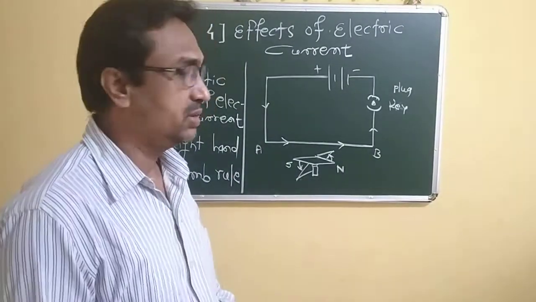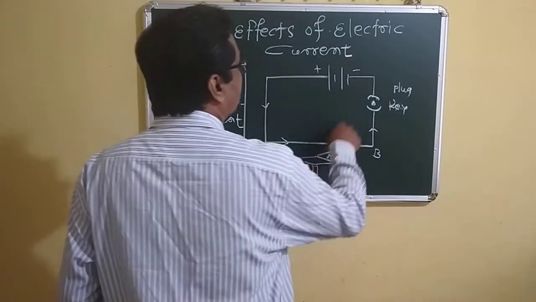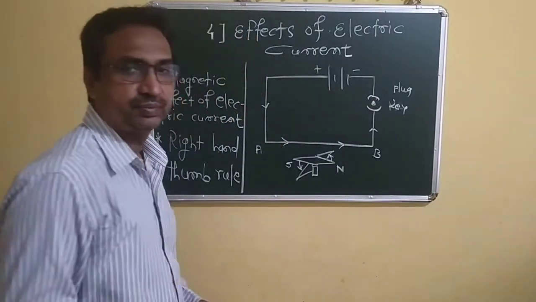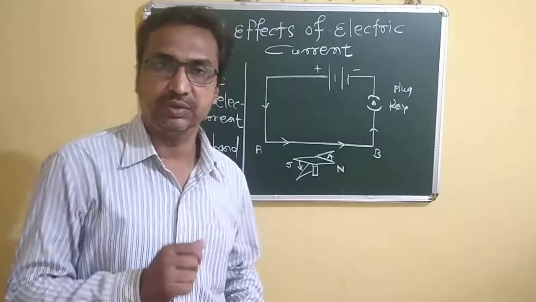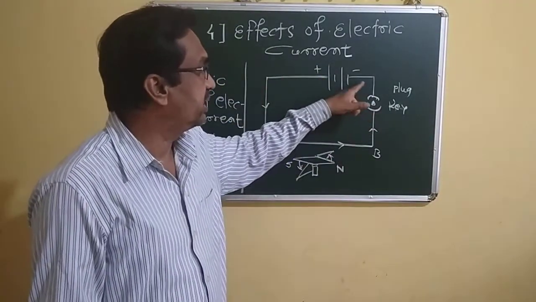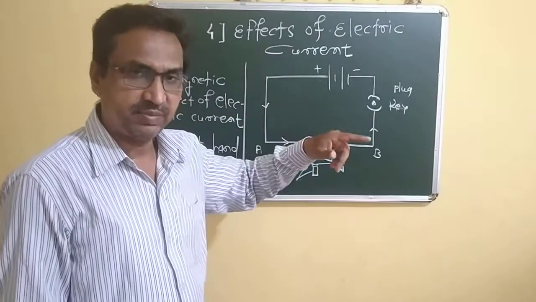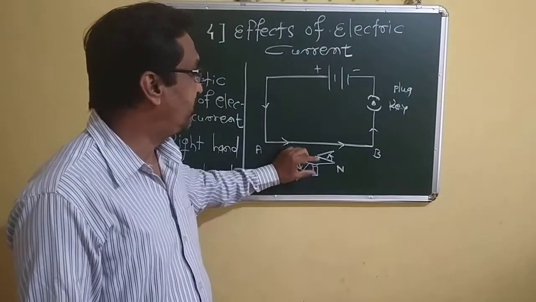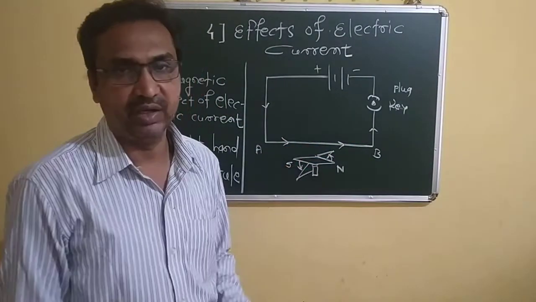This happens when the plug key is on. That means the electric current is flowing in the circuit, and at the same time there is a deflection in the magnetic needle.